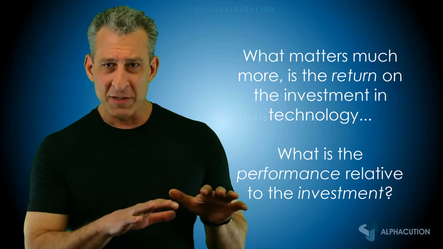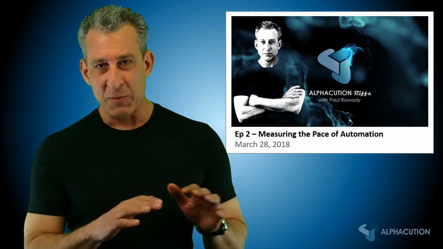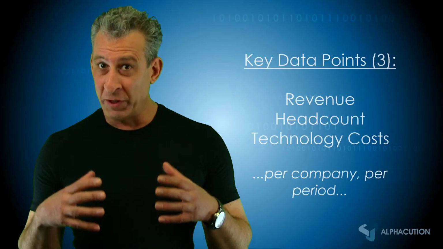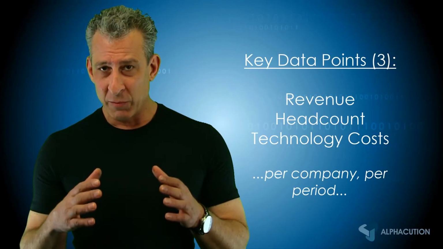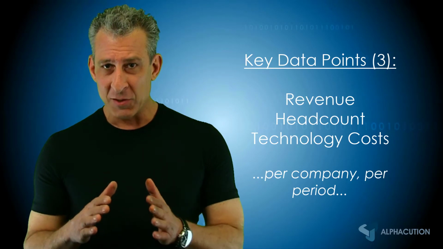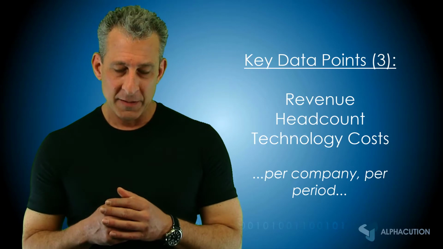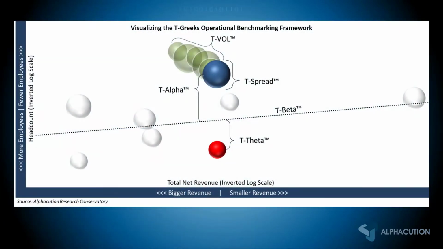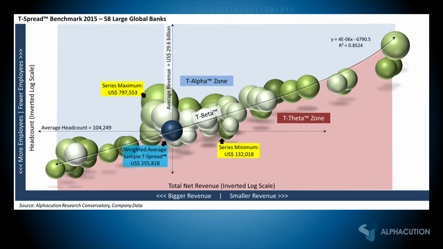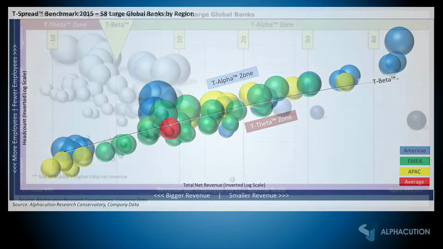So we started to lay down the groundwork for this story in episode 2, Measuring the Pace of Automation, where we went into some detail about the only three data points that we use in cases where we have observable technology spending data to develop analytics to measure and benchmark this idea about the return on technology.